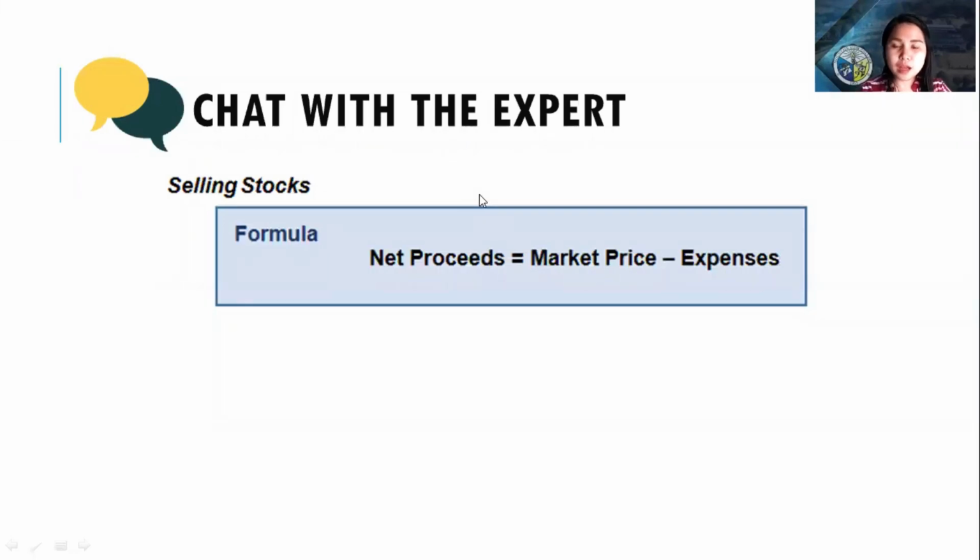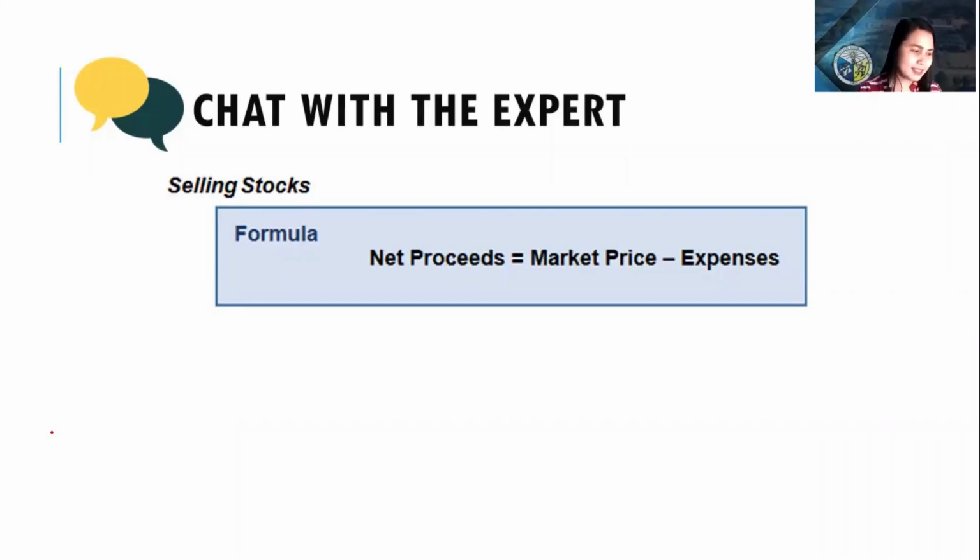Now, in trading, it's not only buying of stocks, but we also have selling of stocks. Now, when do you want to sell your stocks? Number one, you want to sell your stocks basically when you notice that the corporation is already going down. Second, I don't want to say anything about ABS-CBN, but if you are one of the stockholders, what might you do?